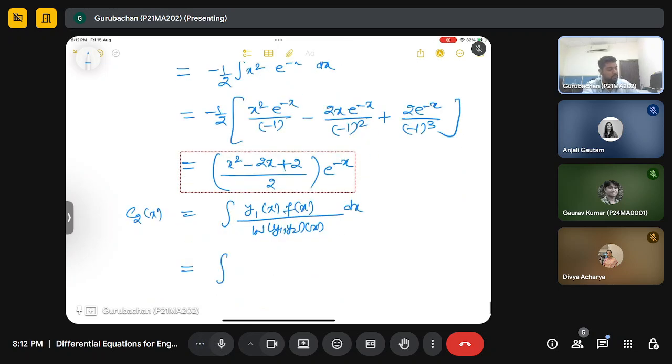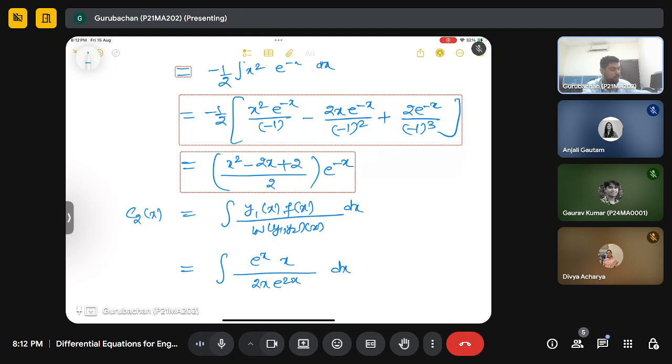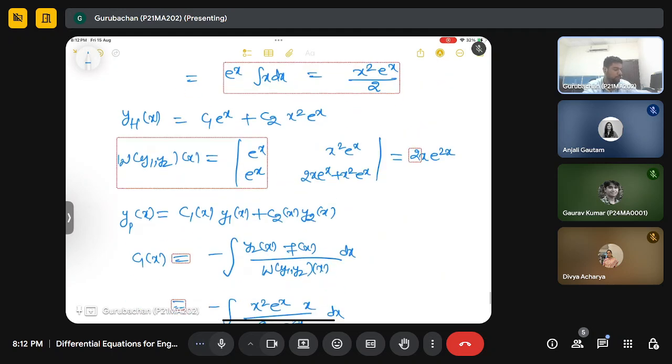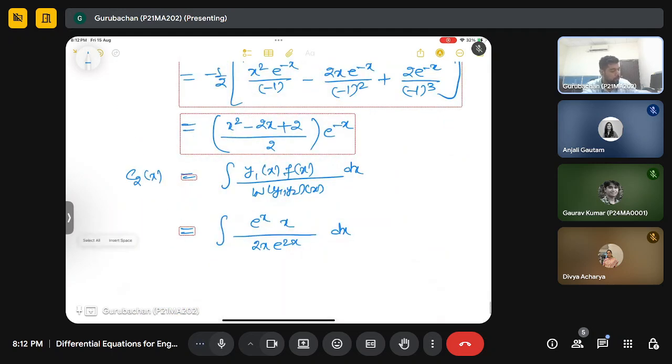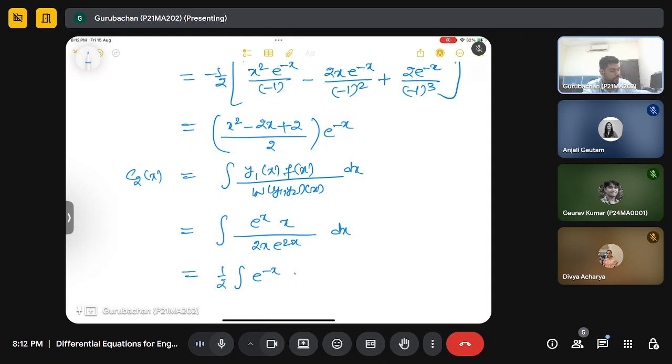So y1 was e to the power x. This is x divided by 2x e to the power 2x. I think it was this here. So this will give you x will cancel out, 1 by 2 e to the power minus x dx. So this will give you minus e to the power minus x divided by 2.